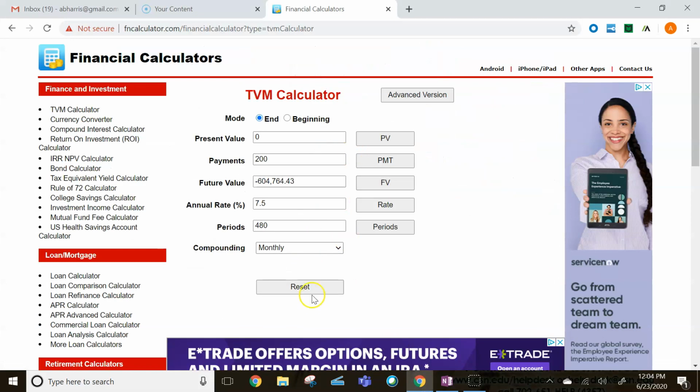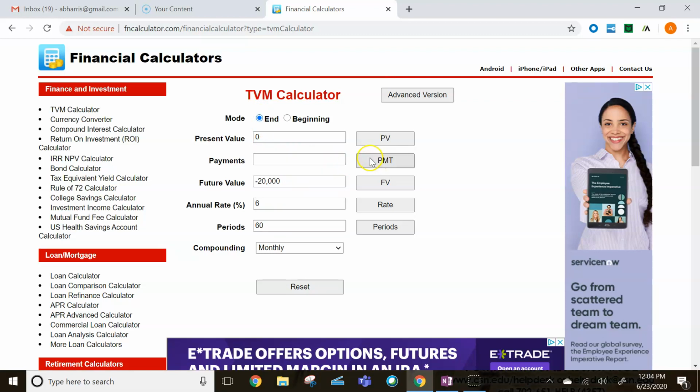Reset this. I'm putting no money in up front. I'm trying to figure out my payment. I want to end up with $20,000. My rate is 6%. I'm doing this for 5 years, 12 times per year, so 5 times 12 is 60. Monthly, my mode is end.